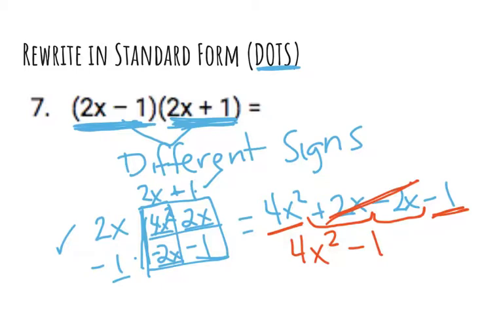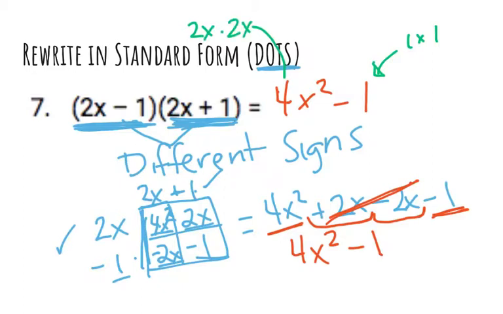Okay, so I'm just going to write that here. 4x squared minus 1. And if you notice, 1 is a perfect square, right? Because I can have 1 times 1. And 4x squared is a perfect square because I can have 2x times 2x.